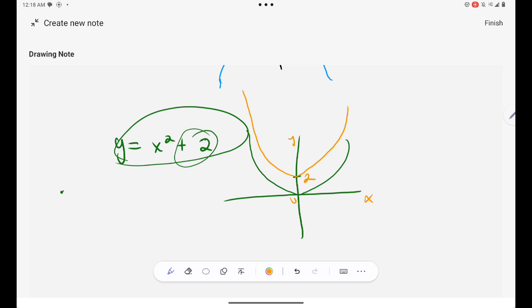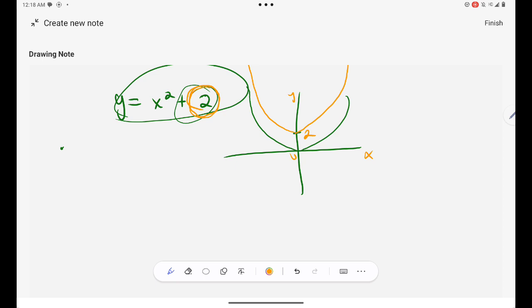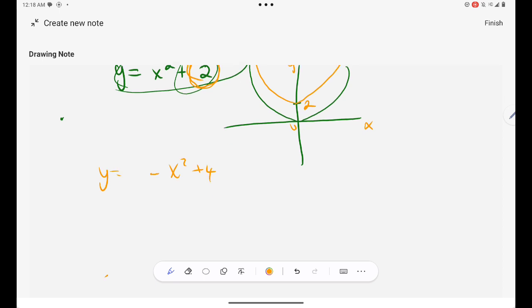Are we together? So if your graph doesn't have the middle term, the value of b, it simply means that your turning point is at the y-axis, and the y value here will be where your graph cuts the y-axis. So if we have y is equal to negative x squared plus 4, your graph should look like this.